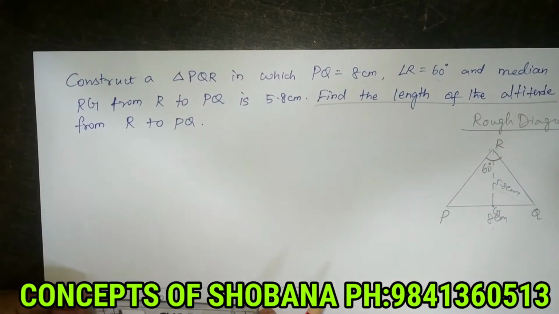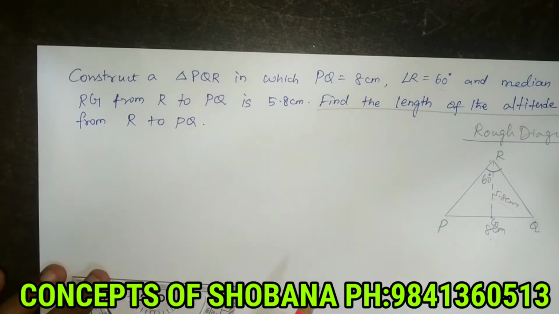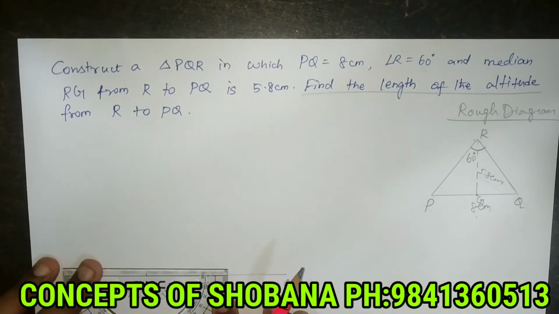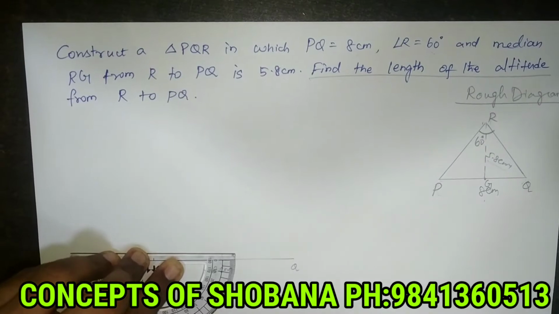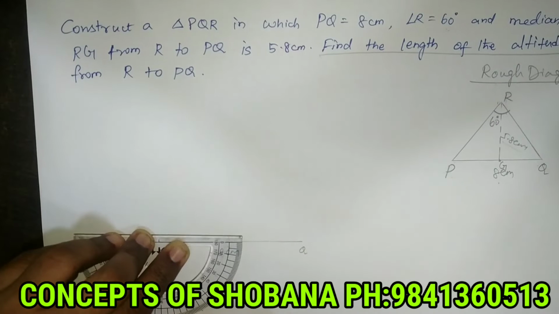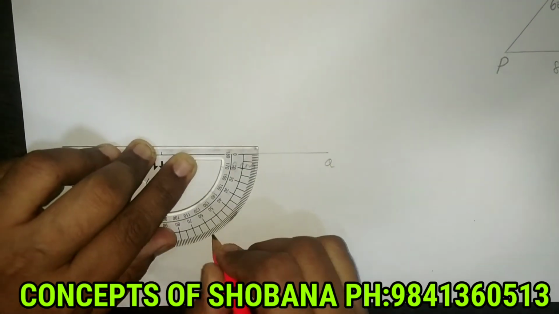So now place your protractor at P like this, so that the line segment PQ coincides with the straight line. Now 60 degree. There's a 60 degree over here. Whatever is the vertical angle given, take the vertical angle. I have marked 60 degree here.